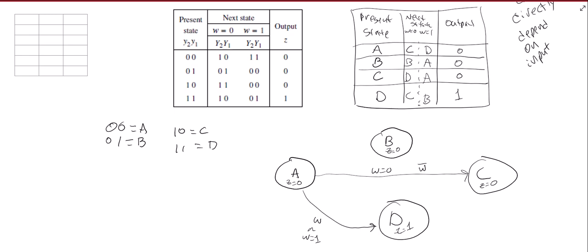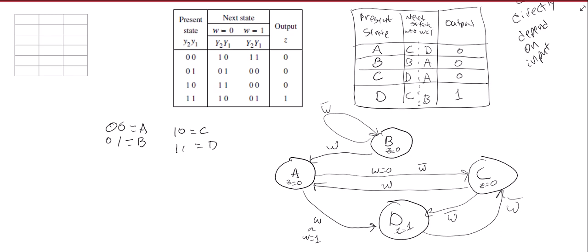From state B, if W equals 0, I go back to B, so that's W bar. If W equals 1, I go to A, so that's W. If I'm in state C, if W equals 0, I go to D. If W equals 1, I go to A. If I'm in state D and W equals 0, I go to C. And if W equals 1, I go to B.